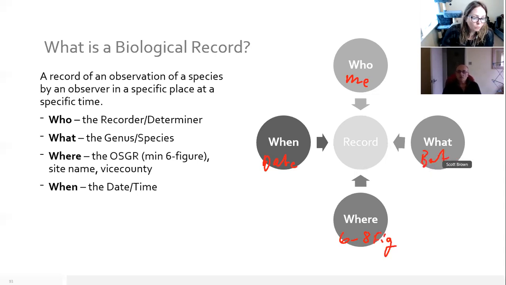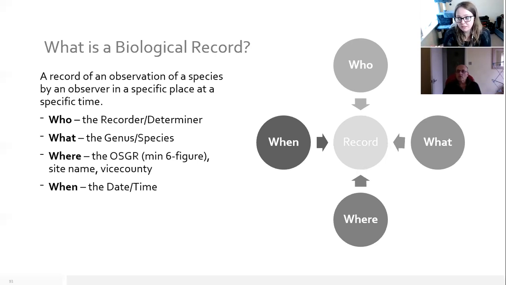So we will talk a little bit more about the different roles in creating a biological record. But generally speaking, I've got recorder and determiner here, and that's a really important distinction to make. So get it into your head that the recorder is a person who says, I think this is a pipistrelle. The determiner is a person who says, I agree with you, that is a pipistrelle. So your recorder is the person who first goes, this is a brown long-eared bat.